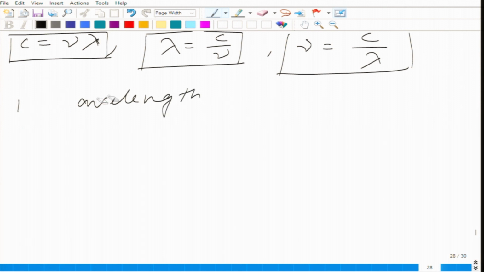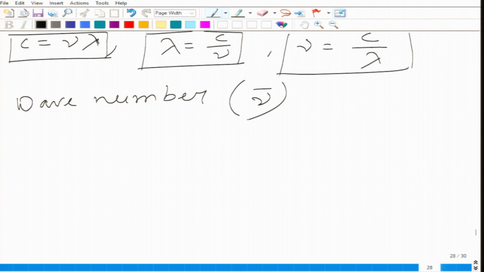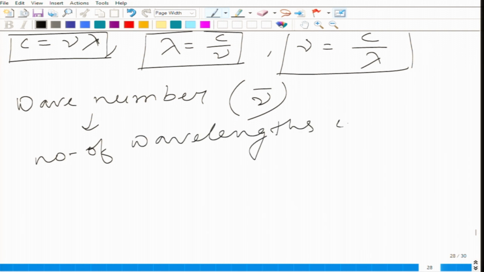Okay, before that there is a fourth parameter that is called wave number. Wave number nu bar. Okay, so what is wave number? Wave number is the reciprocal of wavelength, that is the number of wavelengths in a unit length.